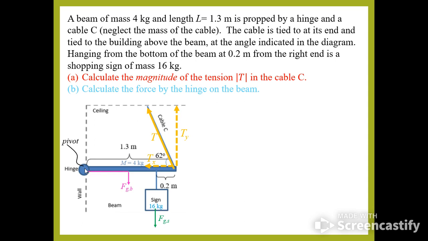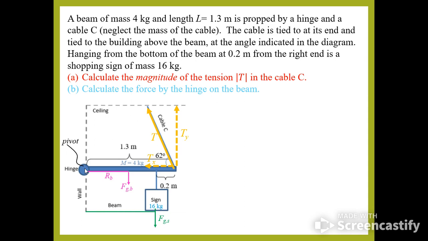Okay. The next thing you should do is find your lever arm for F_g due to the weight of the beam, in purple there, from the pivot measured to the center of mass, and that'll be a distance of half of 1.3, which would be 0.65 meters.